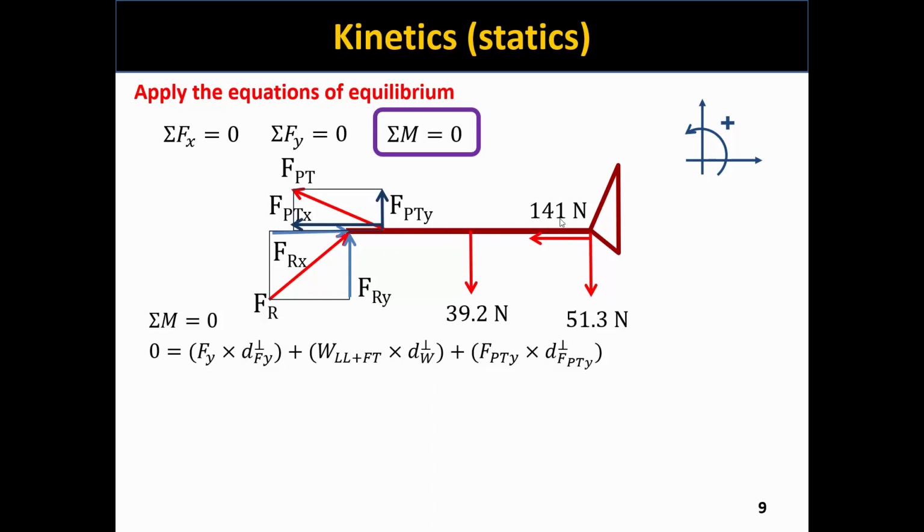If we take a look at the 141 Newton force, the 141 component of the elastic band, this force vector sits on its own infinite line of action, and we see that line of action goes right through the joint. So there's no physical separation, hence its moment arm is going to be 0. So the 141 Newton force will not induce a rotation about the knee joint, but the 51.3 Newton force will.